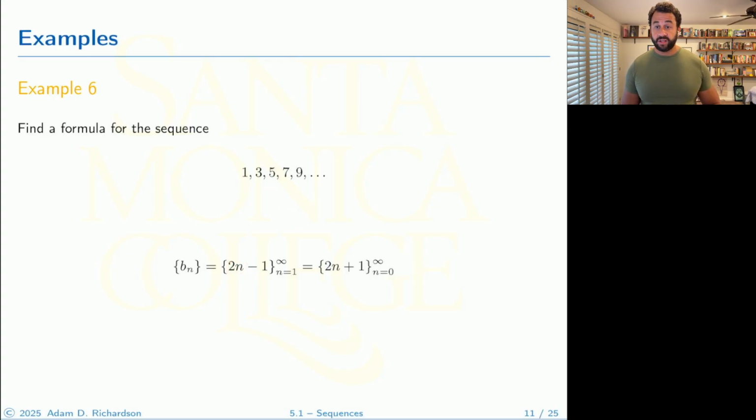Now let's look at the other version. The other version will produce the same results. If n equals 0, we get 0 plus 1, which is 1. If n equals 1, we get 2 plus 1, which is 3. Check. And so on and so on. So that is the correct formula. Either of these are the correct formula as long as we take note of the starting index.